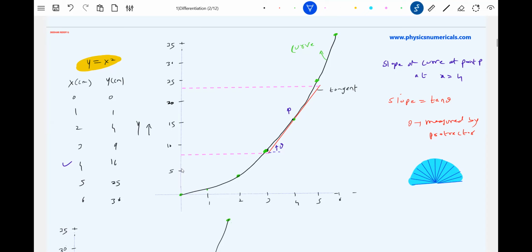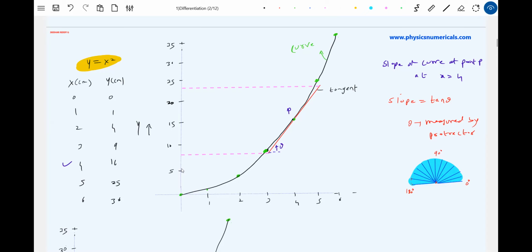These are the lines: 0 degrees, this is 90, 180 degrees. Fine. There is a protractor like this. You keep it, measure theta, and find the slope.